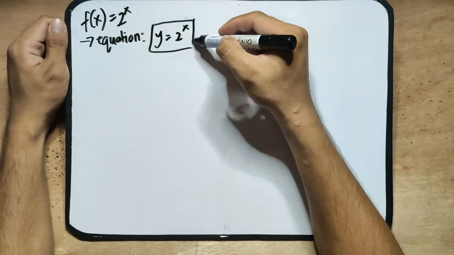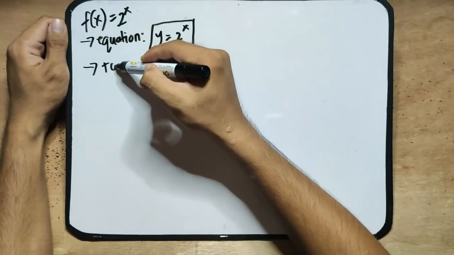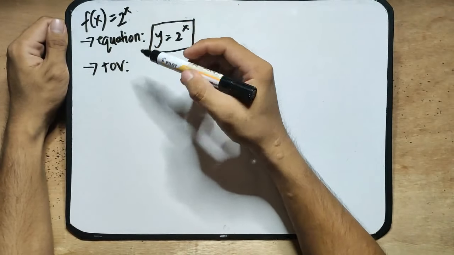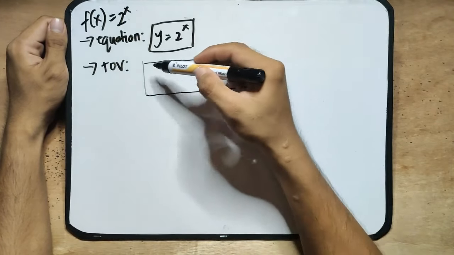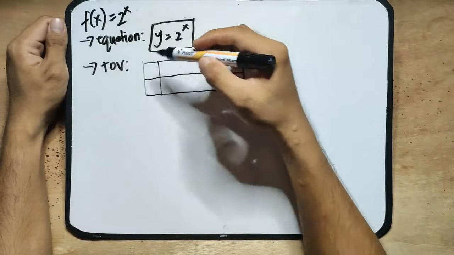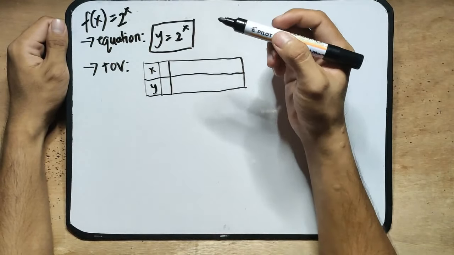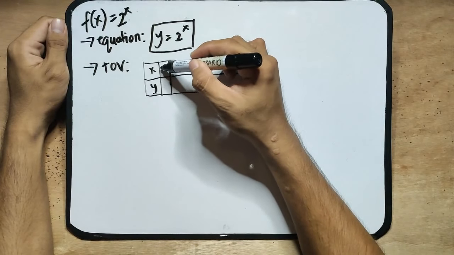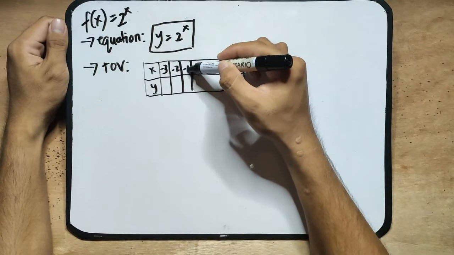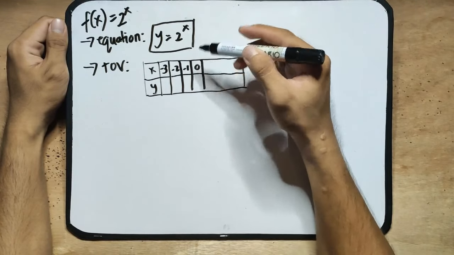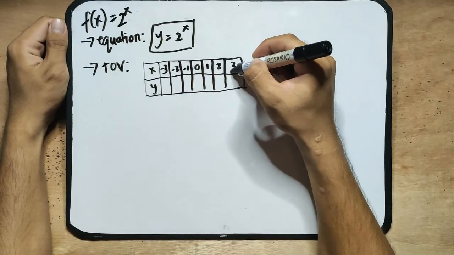Yan ang ating equation. So for our TOV or our table of values, we construct our table here. So we have x and this will be y. So we use the values negative 3, we have negative 2, we have negative 1, then 0, 1, 2, and 3.